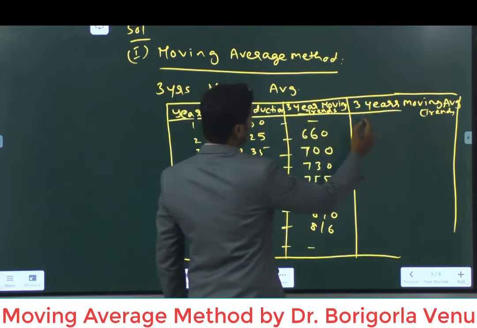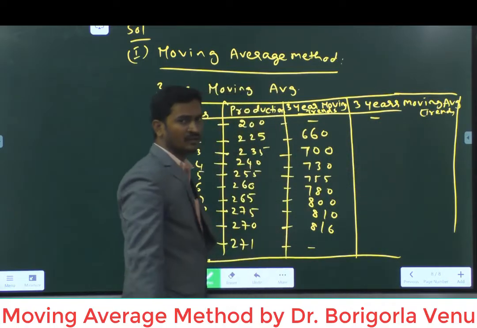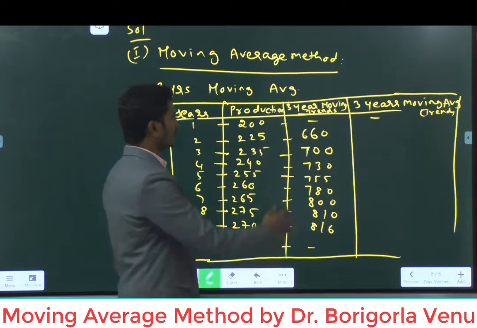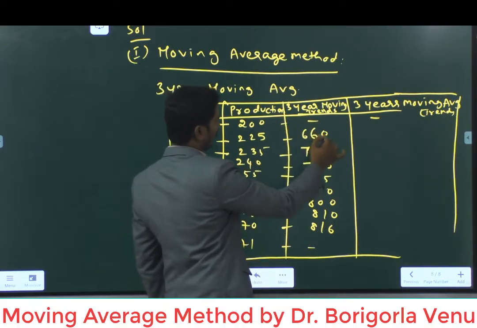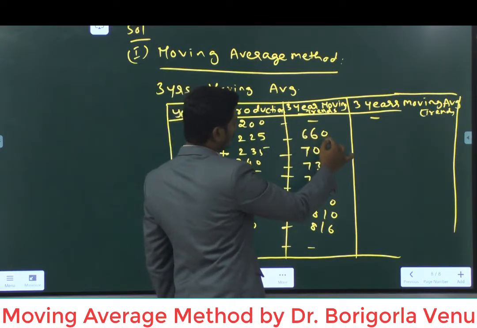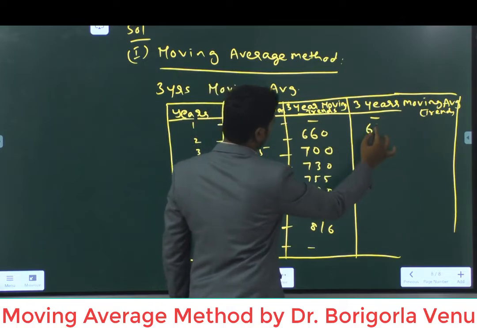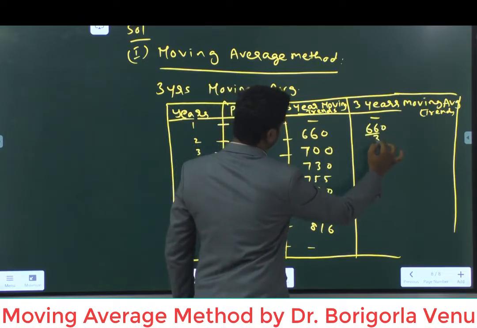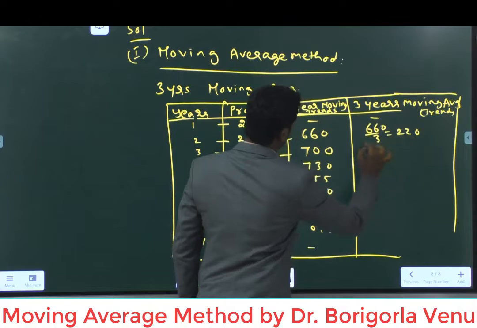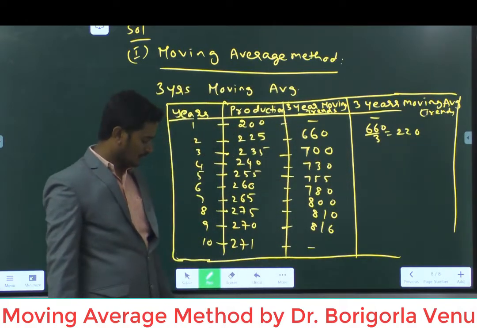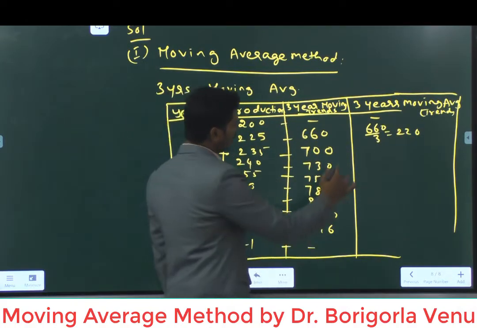Here the 3 years total is a dash, so there is nothing, so simply we are taking a hyphen. This is the 3 years total. Here the 3 years total is 660, so 660 by 3 is equal to 220. And coming to 700, 700 by 3, so 233.3.